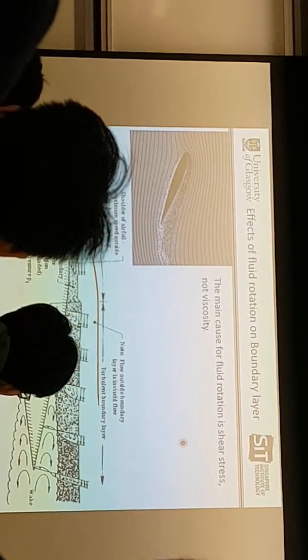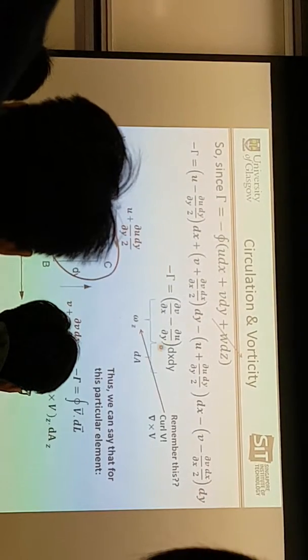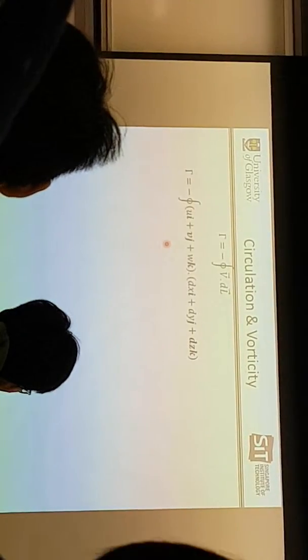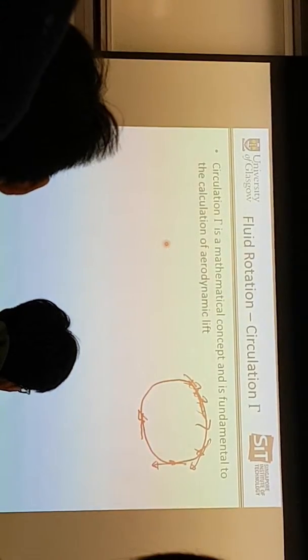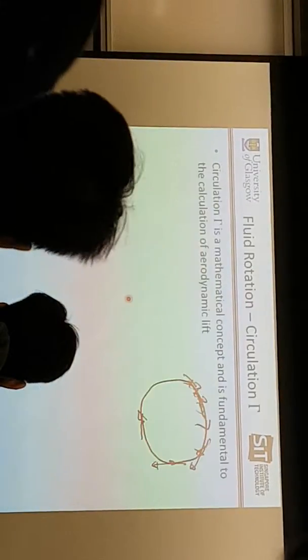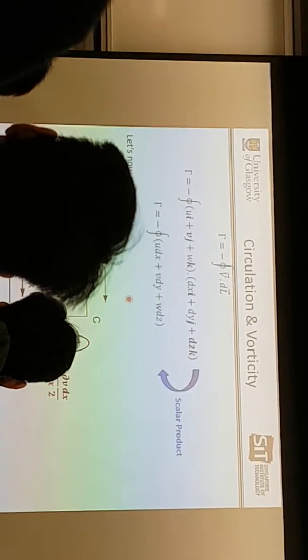And when your flow starts to rotate, let me just go back to this, you have all these values here, your delta y, delta z, all these terms, which is your velocity gradient. Because of that, you have rotation.